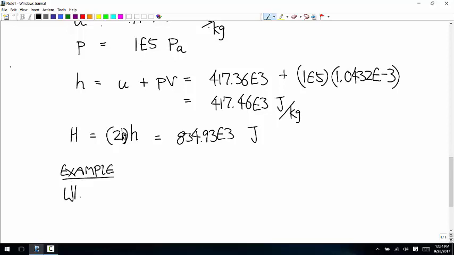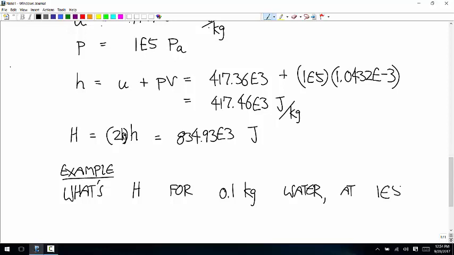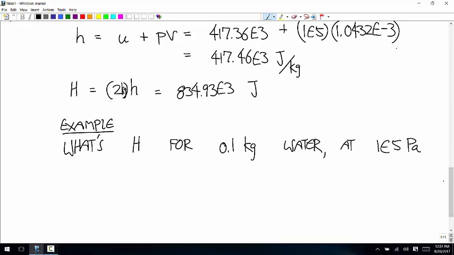So let's say we want to know what's the enthalpy for 1 kilogram of water at a pressure of 1 bar, so 1 times 10 to the 5th pascals, at saturation, and with a quality of 0.8.